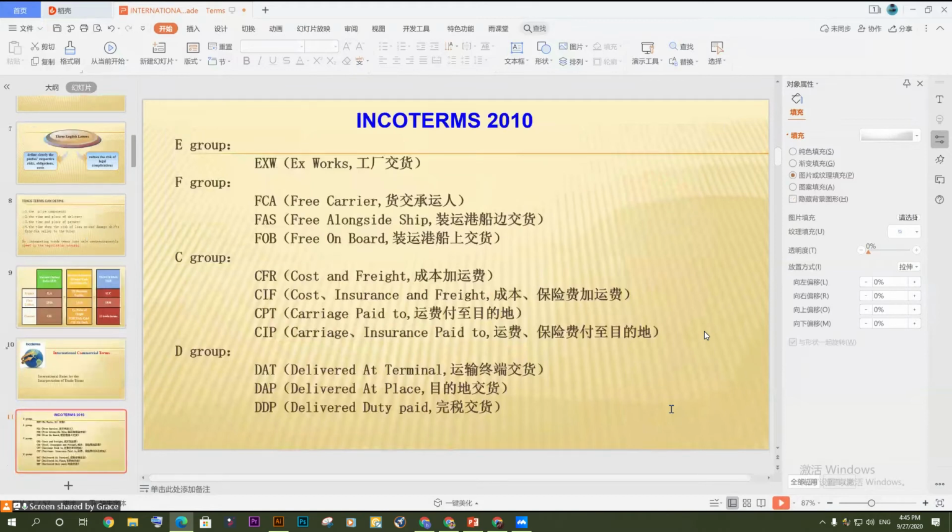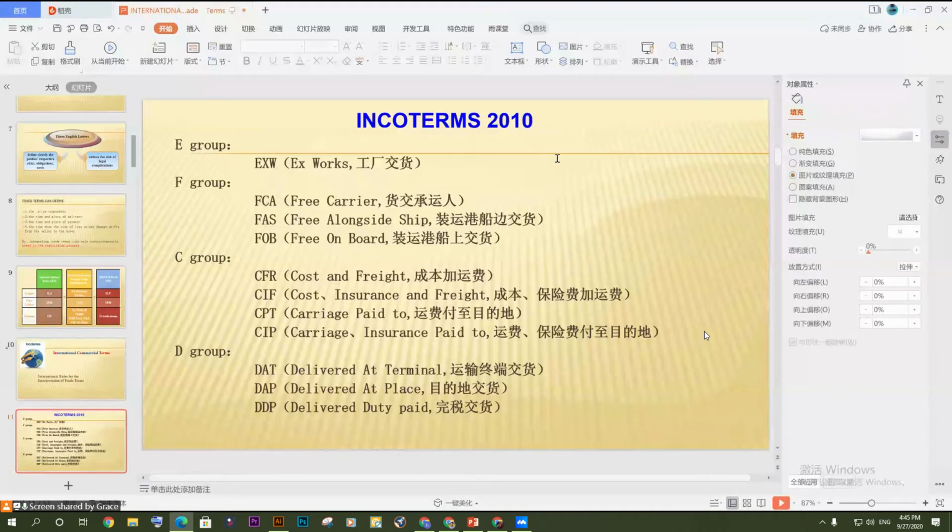That is Incoterms 2010. There are 11 trade terms here, and you may look at them one by one. I believe that Incoterms 2020 has been updated.